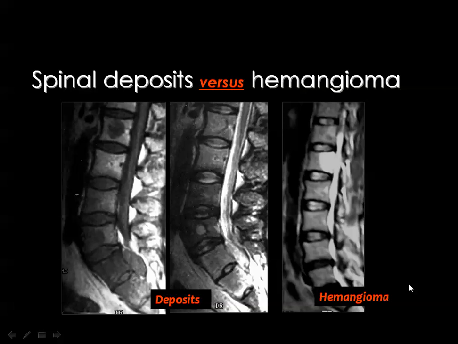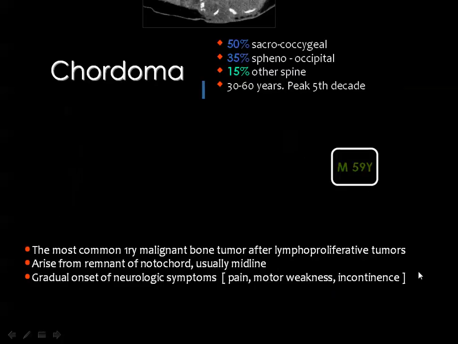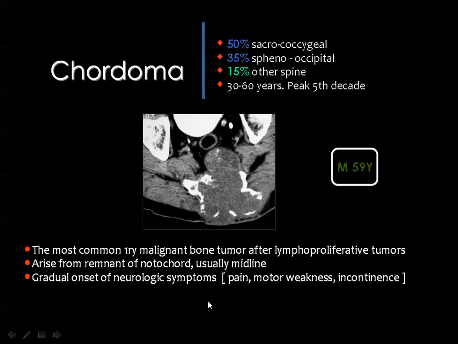The metastasis cannot reach this high signal in the T2 weighted images. And this is, of course, one of the differentiating points, but there are a lot of issues to differentiate both. I will mention them in a moment.